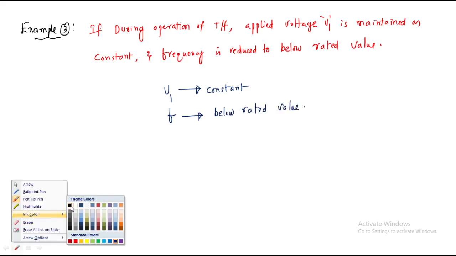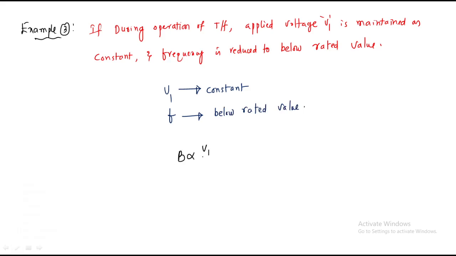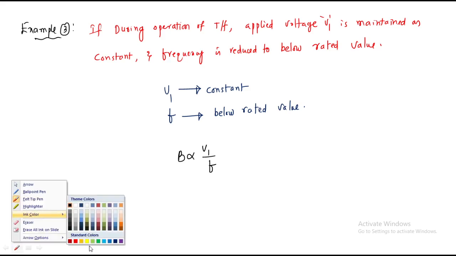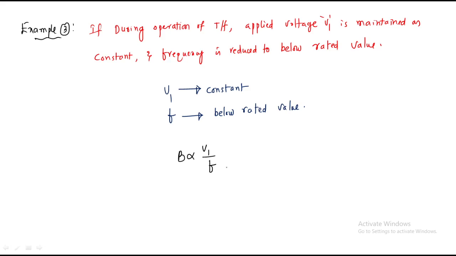So obviously, what about flux density? B is proportional to V1 by F. Here the frequency is below the rated value, right? So what is the meaning? Frequency reduces. If frequency reduces, what about flux? If frequency is far less than F rated, obviously the flux density increases more and more.